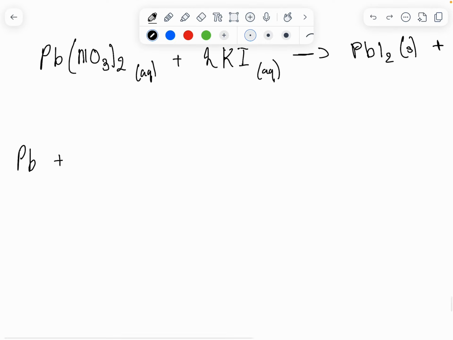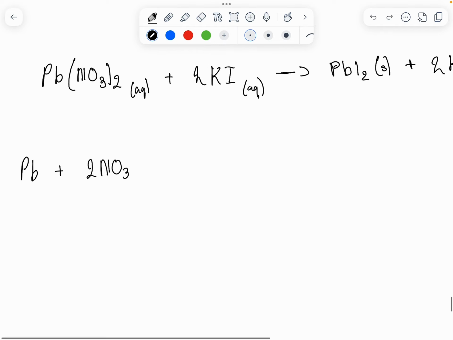So what happens is this 2, it's the same thing as the coefficient. So what we're going to write is 2NO3. Because if you think about it, this 2 just means everything times 2, right? The N times 2, the oxygen times 2. So nothing really needs to be changed here.